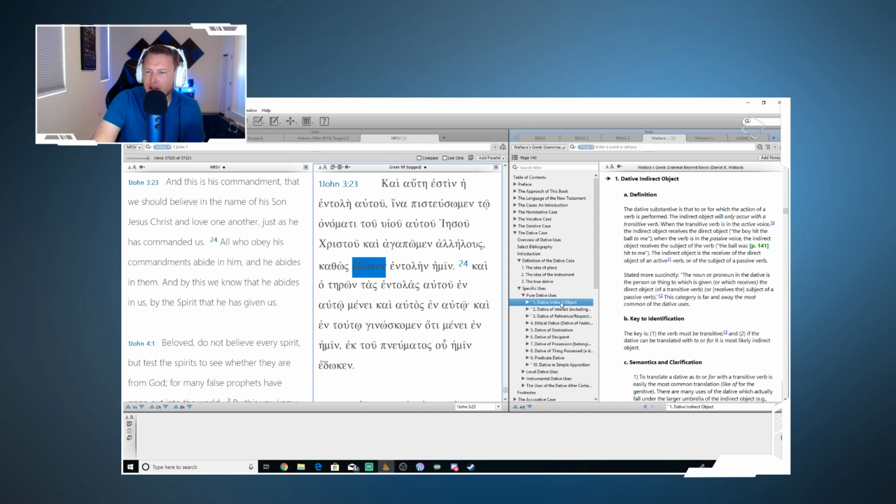The noun or pronoun in the dative is the person or thing to which is given the direct object. Yeah. Okay, so it's just indirect object.